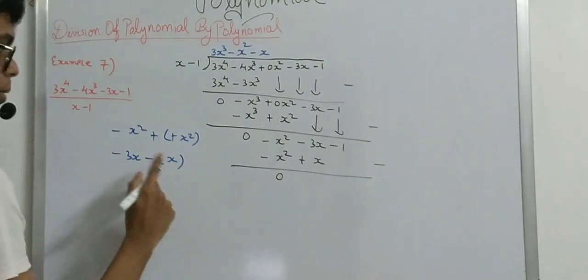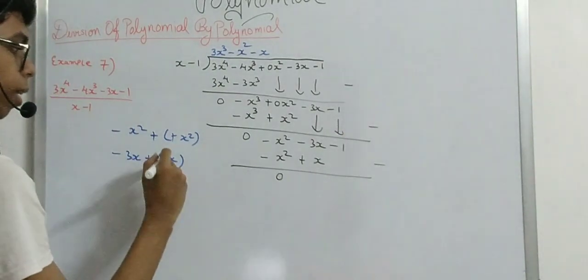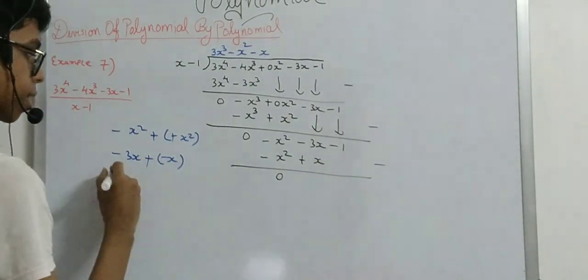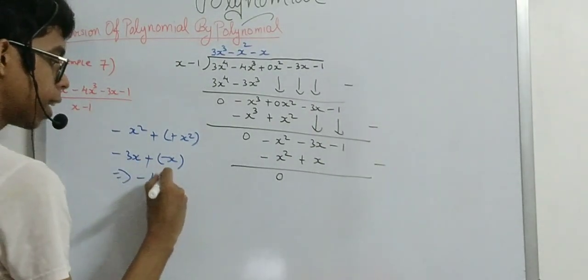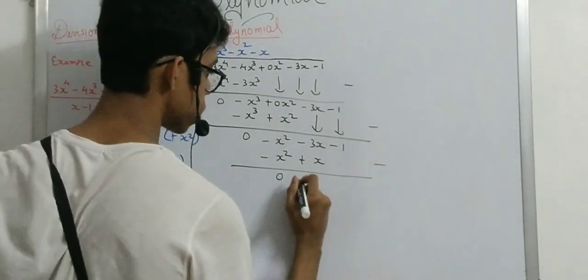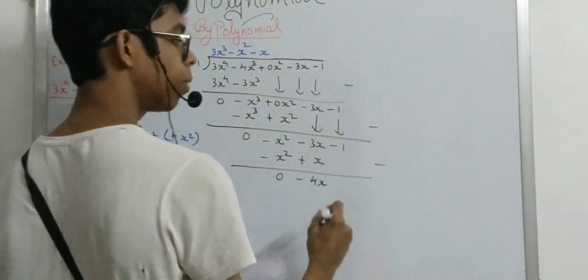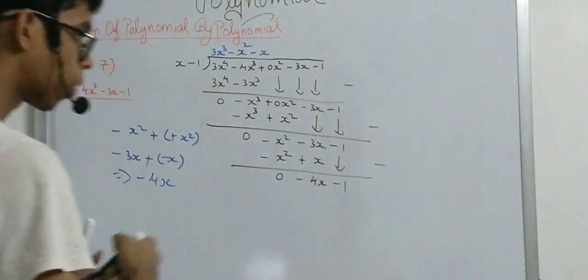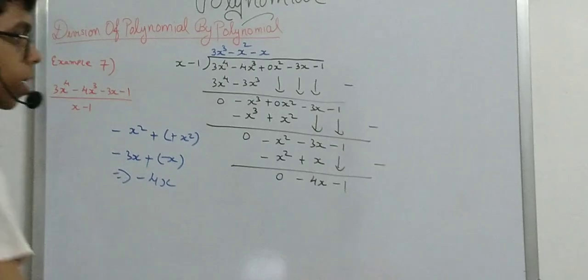So minus 3x minus x means this will become plus, this will become minus. So minus 3x plus minus x is equal to what? Minus 4x, isn't it? So I can write the minus 4x over here. Now copy down this minus 1 as it is.